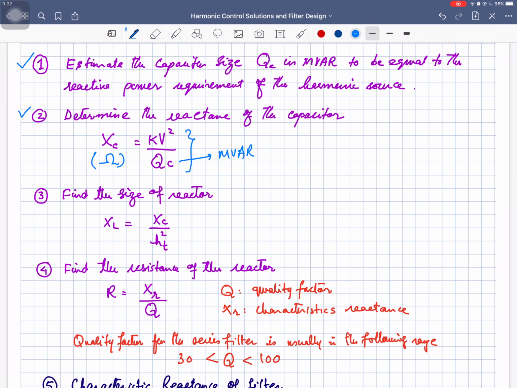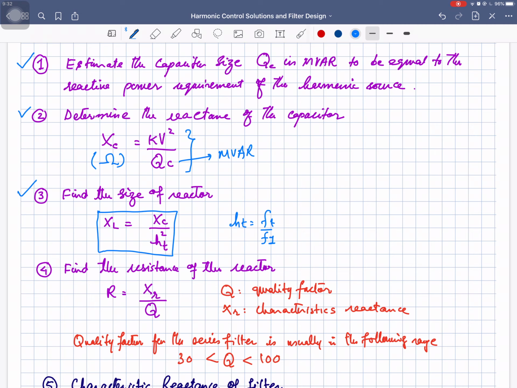At resonance, your inductive reactance should become equal to the capacitive reactance. So, using HT, that is the tuning factor, this HT is equal to FT by F1, you can find out the required inductive reactance which is to be connected in series with the capacitor.